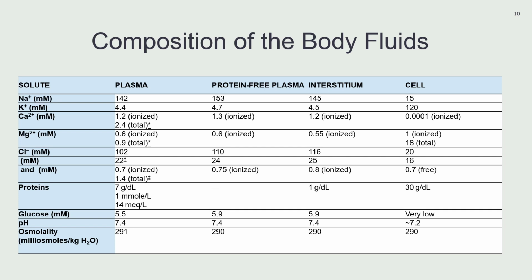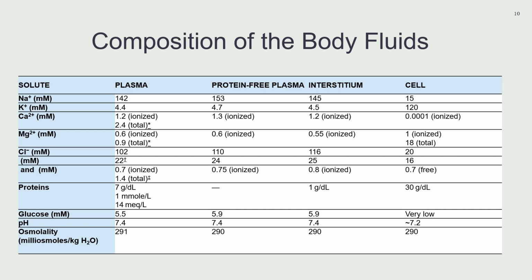You're going to find questions of the type, which of the following has the greatest, smallest, but not numbers. Let's give you the example of the amount of sodium. The plasma has 142. We have protein-free plasma, interstitial, cells. We don't need the one in the center. But let's take the plasma, interstitial, and the cells: 142, 145, 15.